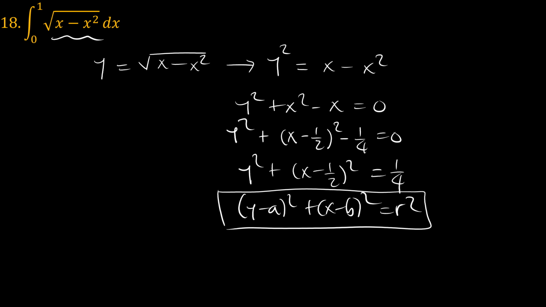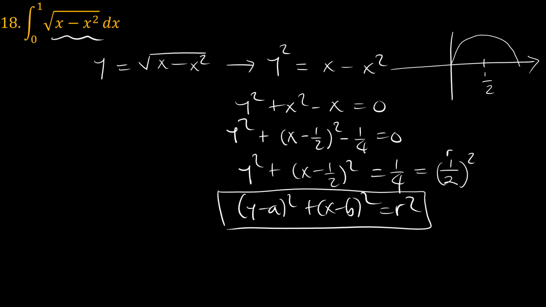So our circle is going to be around x equals a half, but we're only going to take the upper loop here, and the radius is going to be equal to 1 over 2, and the radius squared is a quarter.